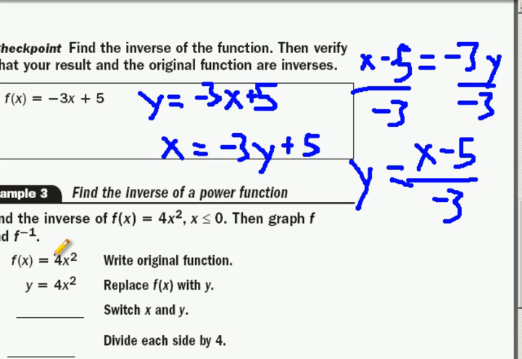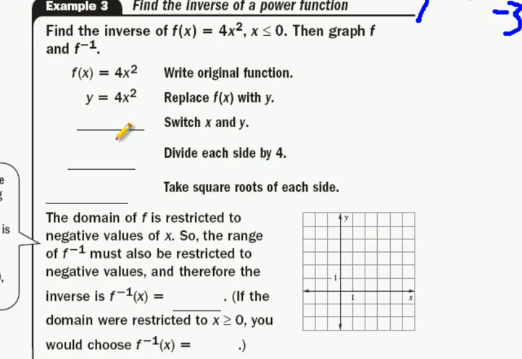All right? Let's take a look at example 3 there. In example 3, you're trying to find the inverse of 4x squared. Well, again, just switch the x and y and solve for y. So we're going to divide by 4. We end up with x over 4 equals y squared.